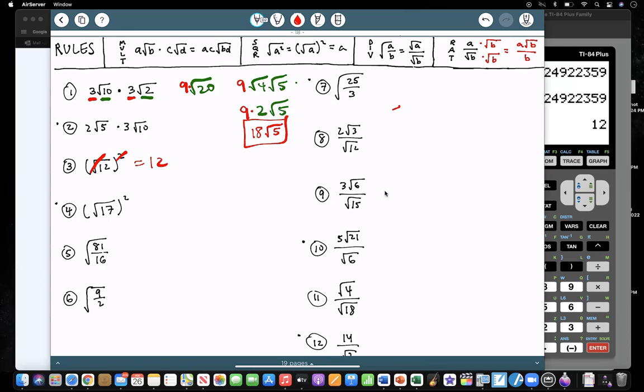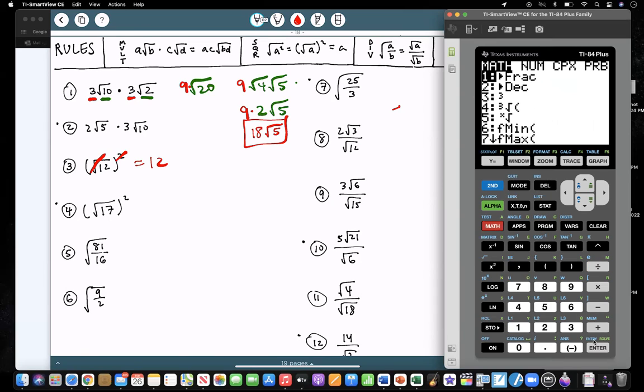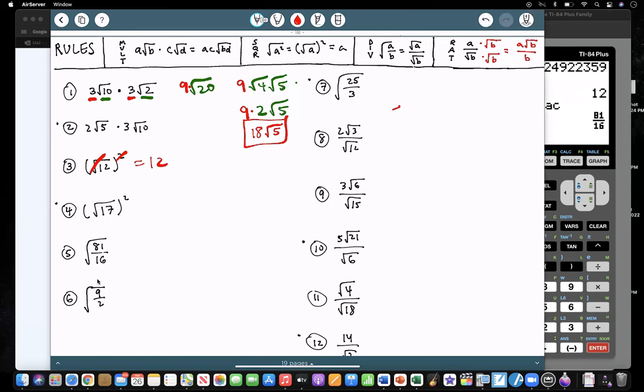Number 5. So here we're taking the square root of a quotient, right? 81 divided by 16, so we're dividing. So notice we can't simplify 81 over 16. You can check, but they don't have common factors. The only factors of 16 would be 2 and 4 and 8, and neither of those goes into 81. But if you want to do math fraction in the calculator, you can check, you can't simplify that.